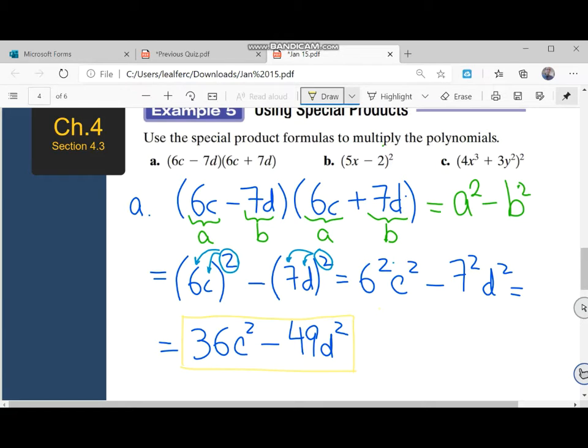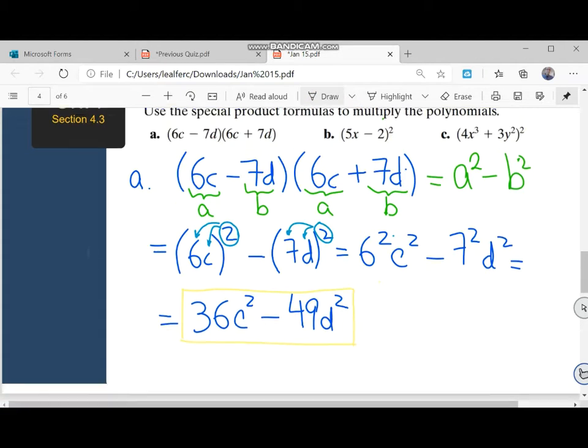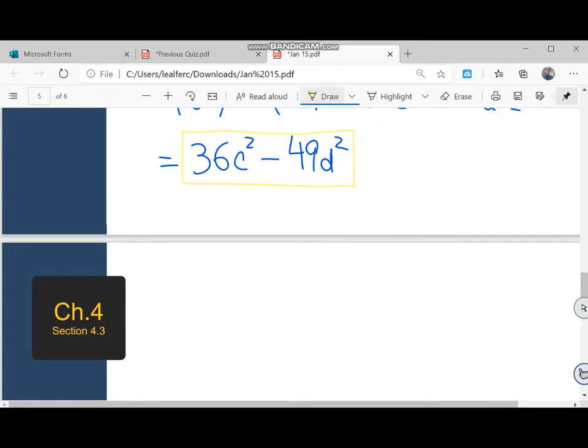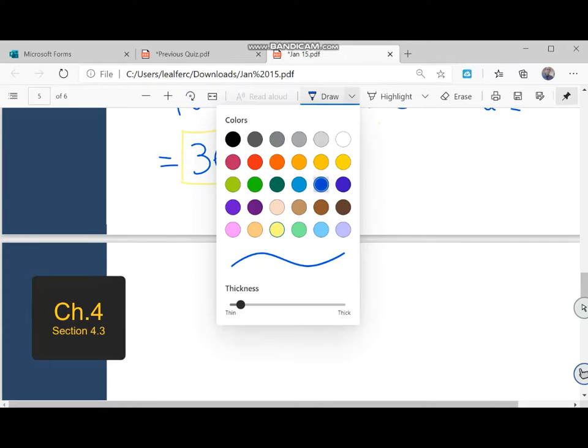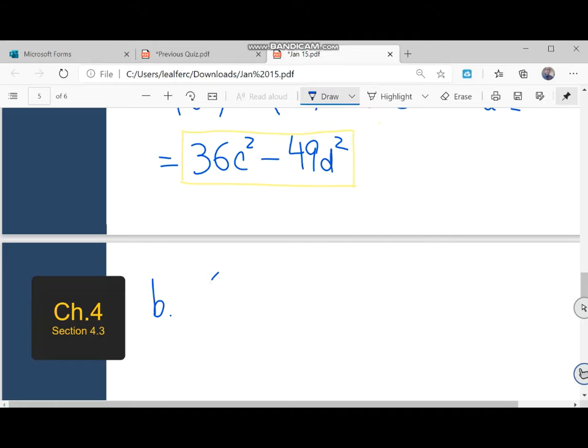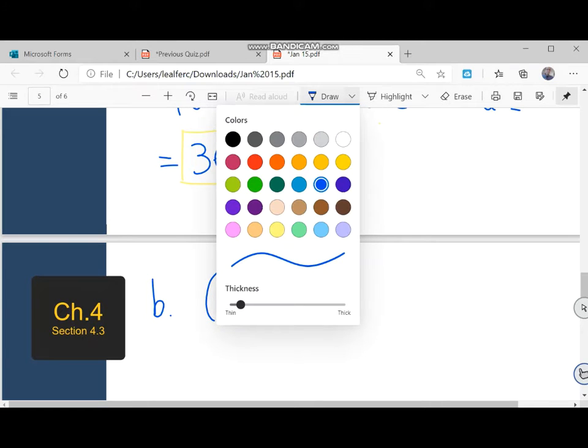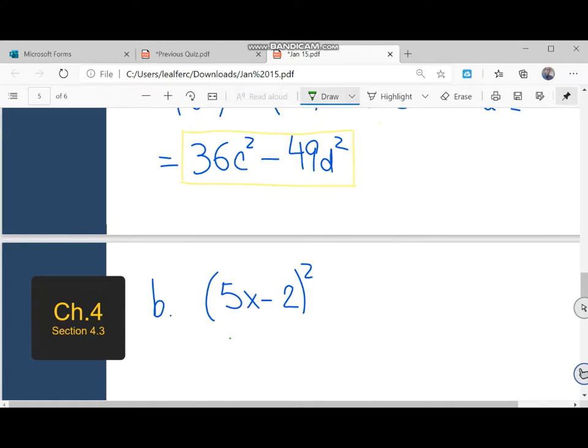Okay, example letter B. B is 5x minus 2 squared. Let me write down here: 5x minus 2 squared. Well, 5x is going to be the A of the formula, okay?